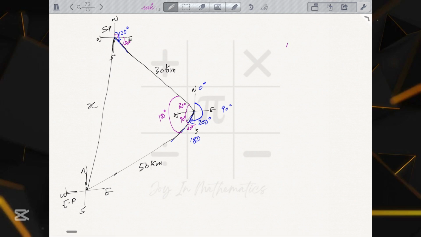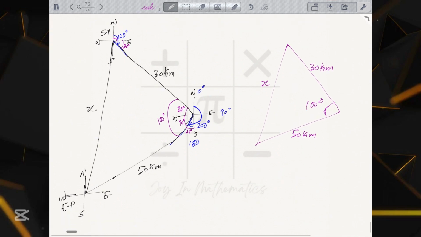Now we have x, the angle here is 100 degrees, the distances 30 kilometers, 50 kilometers, and x. The question we are asked is to find the value of x. Now what does this remind us of? This reminds us of maybe cosine law or sine law.